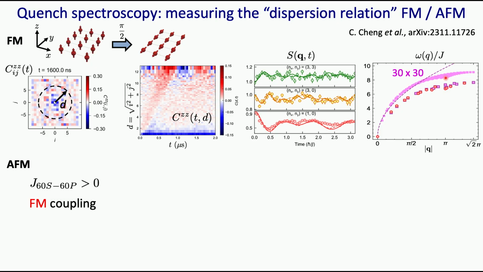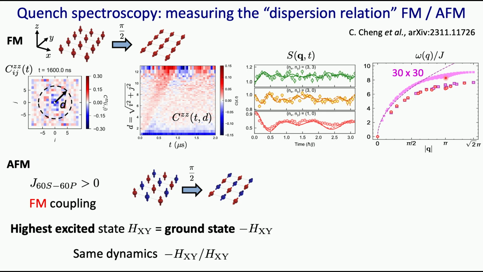Now we want to do the very same thing in the case of the antiferromagnetic ordering, the antiferromagnetic interactions. The problem is that our natural interaction is ferromagnetic. So how can we probe the antiferromagnetic case? Simply by applying the following trick. Instead of preparing along Z the ferromagnetic case, we prepare the antiferromagnetic case, and apply the same procedure with a pi/2 pulse, which creates a state along the XY plane.